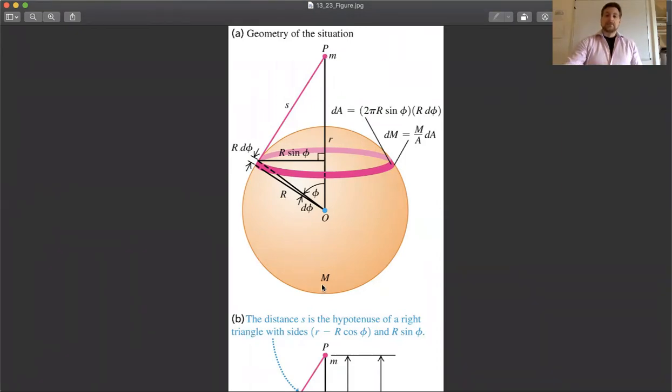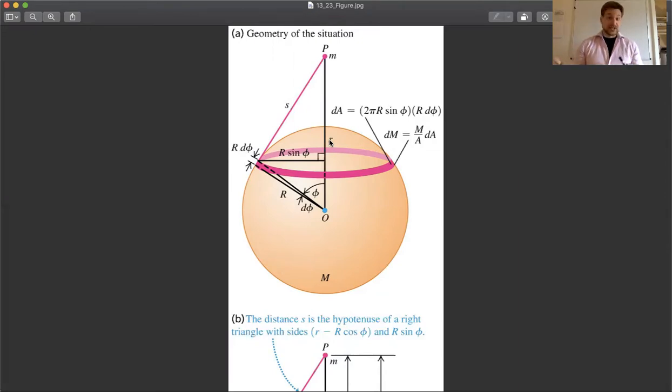Capital M is the mass that is distributed over that surface area. So again, that's also constant. Lowercase r is also constant. It's the distance between the center of the sphere and point P. So we're not moving point P, we're not moving the sphere, so lowercase r is also constant for this derivation.